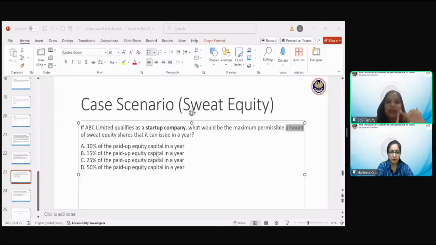You should be clear that in case of a startup company, what is the limit? In case of a normal company, what is the limit? And if it's a descriptive question, it can be a 4 marks question also. And right now the same thing has been asked as a 2-mark MCQ.